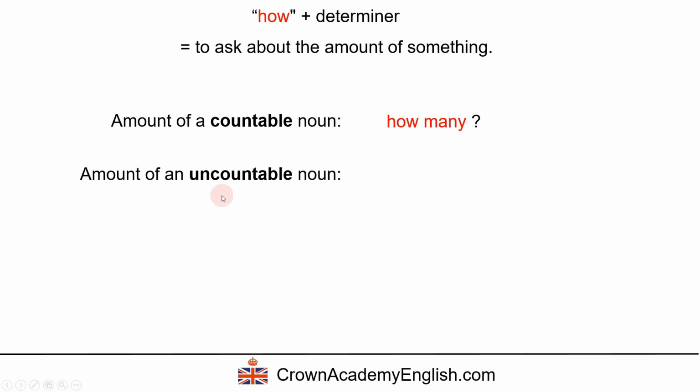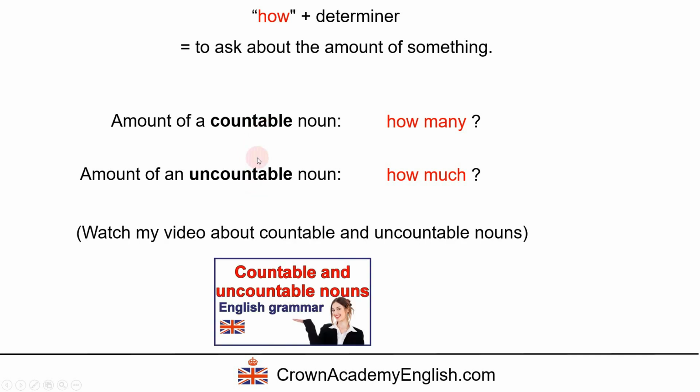And for an uncountable noun, we ask how much. If you're not sure about countable and uncountable nouns, then I advise you to watch my video about countable and uncountable nouns. The link is on the screen now at the top, and I've also put the link in the description below this video.